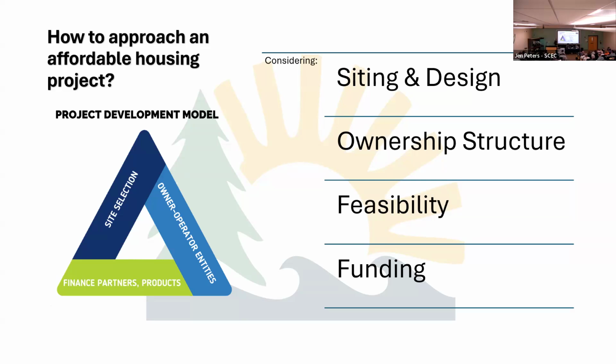We need to see where we're going to do this, and what is going to fit on that site. Then we're going to look at our ownership structure, which can vary greatly depending on what you're trying to achieve, who you are, and then of course feasibility, and finally funding.